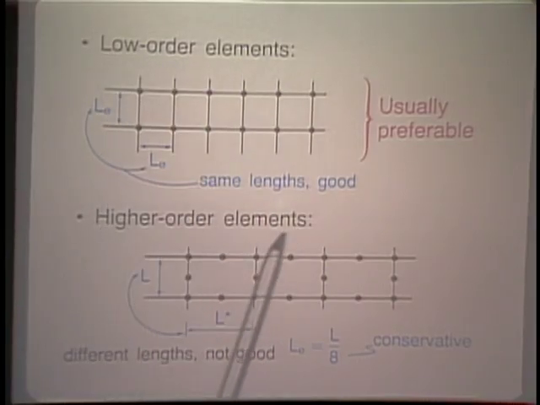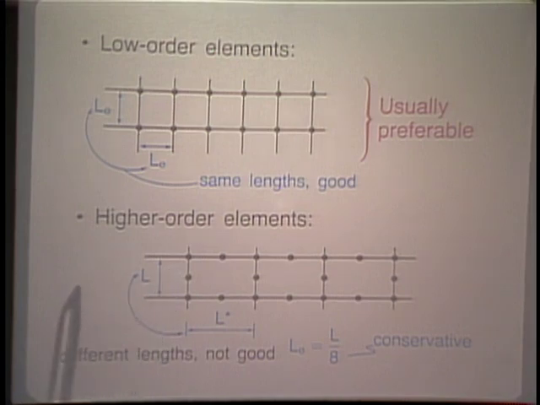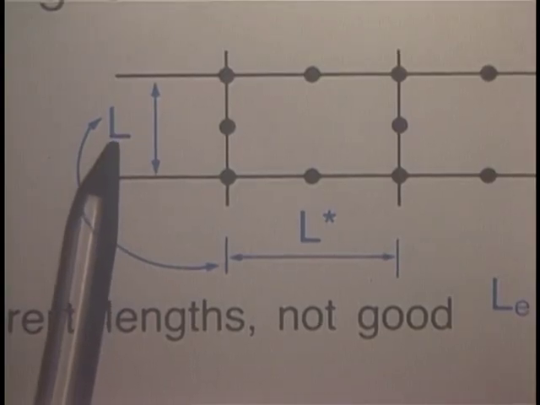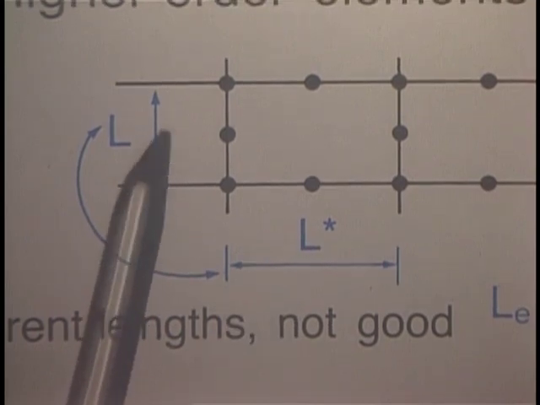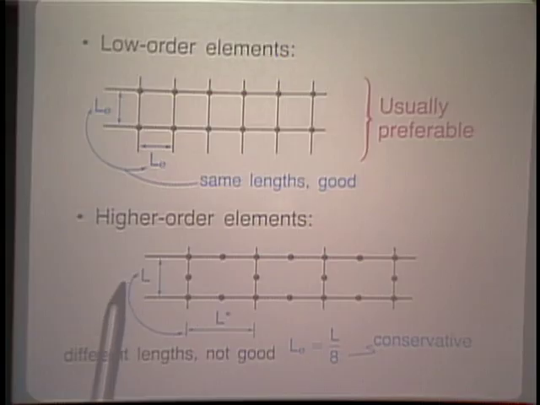For higher order elements, you could also use the explicit time integration. And there again, you want to really have that this L is equal to that L star. If you don't have that condition, then this L here will govern the actual time step.